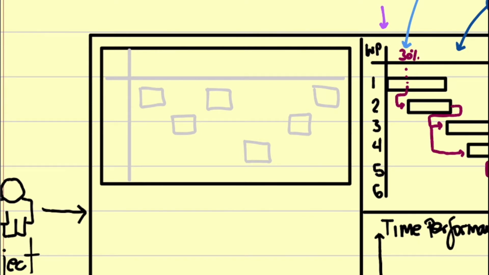And here are the process owners. Task 1, 2, 3, 4, 5, 6. Of course, when you do it, you need to describe it, okay? You don't put numbers. This is the material flow, and this is the information flow.